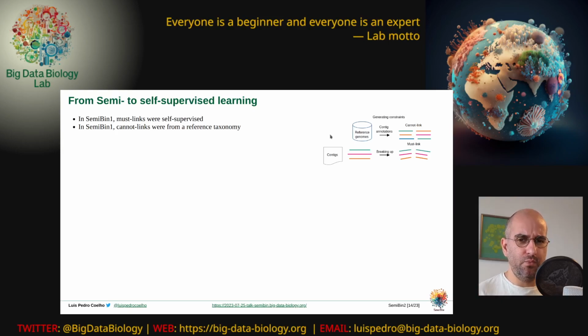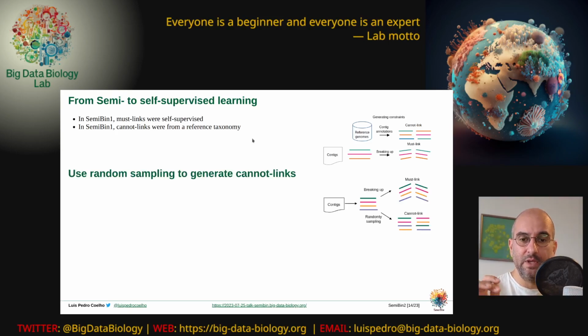In SemiBin1, must-links were self-supervised, in the sense that we were just exploiting the structure of the problem, whereas cannot-links came from a reference taxonomy, and this was one of the very computationally heavy steps. So maybe the easiest is to completely bypass this reference taxonomy and just generate cannot-links randomly.